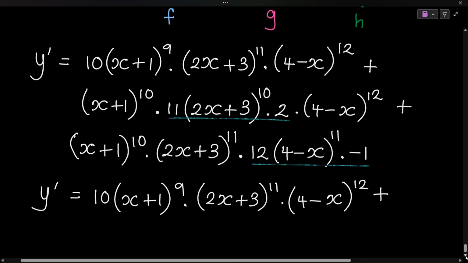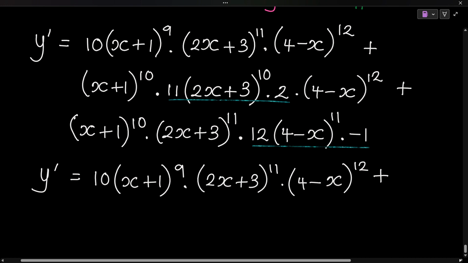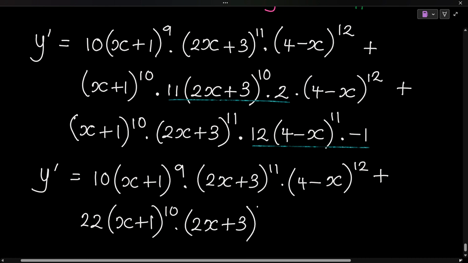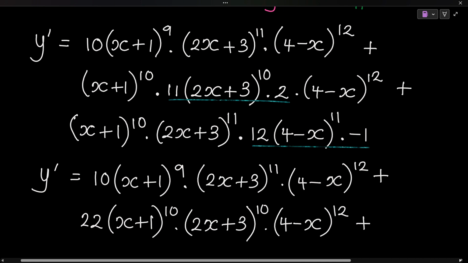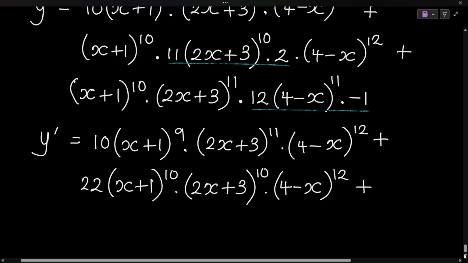In our second term, however, we've got this 11 and 2 that can be multiplied together. So that's going to become 22. And we now have our brackets. And in the third term, we've got 12 times negative 1.